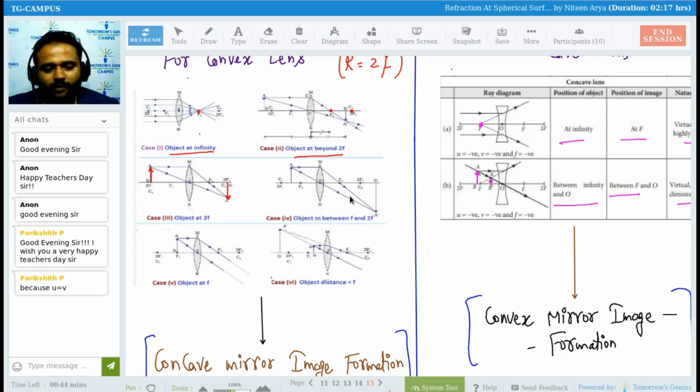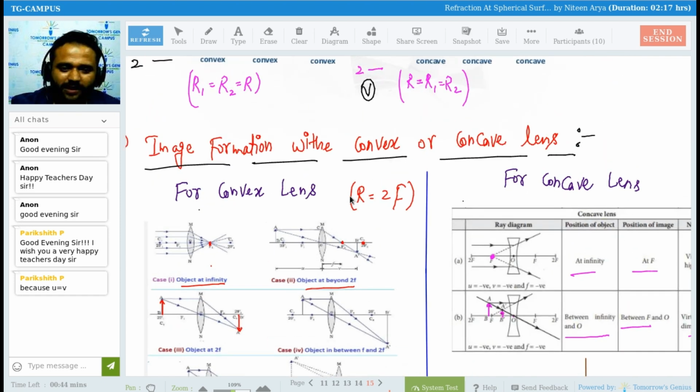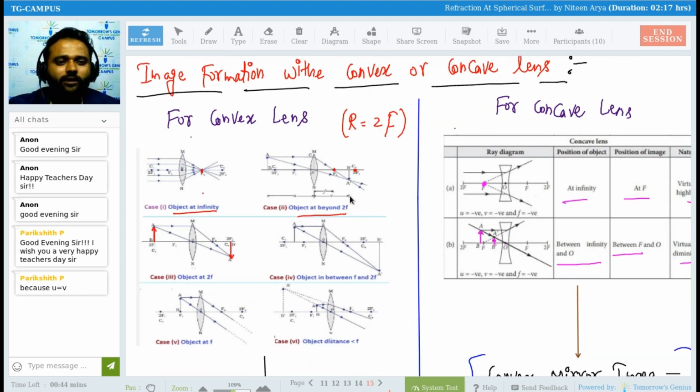Clear? These are very basic things, and not something you can confuse in this. Never ever are you going to find any particular numerical question at JEE level for this diagram.